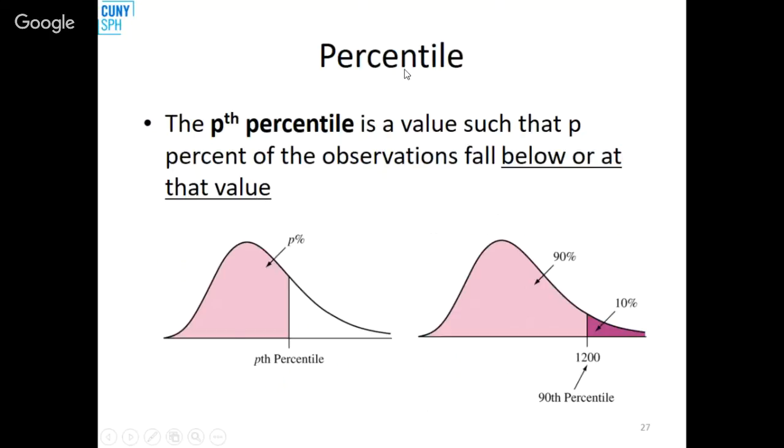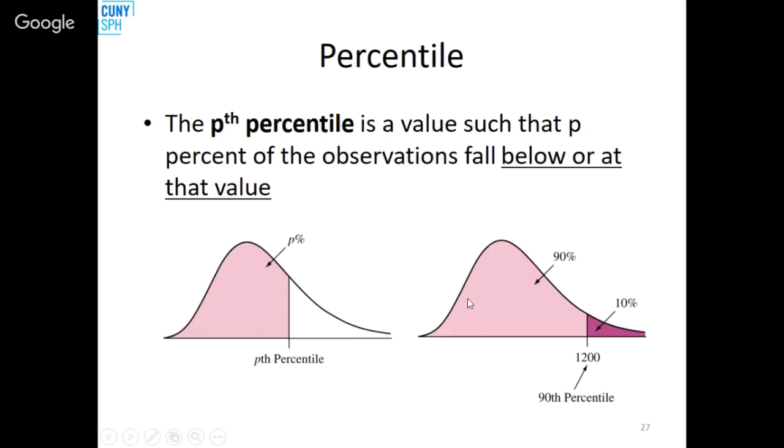Now, percentiles. I know you've all heard of the definition, but it is the value such that P% of the observations fall at or below that value. And you will be using this lots for calculating so-called p-values and for calculating confidence intervals.